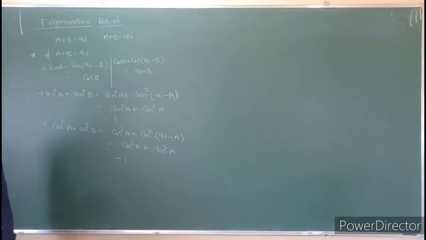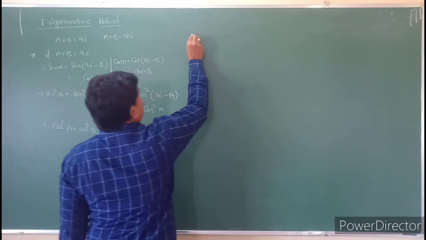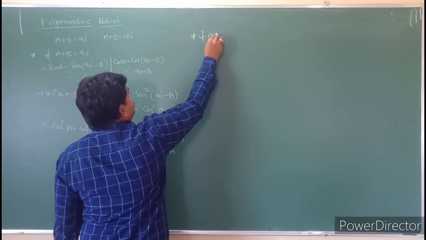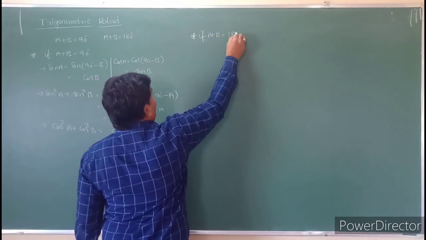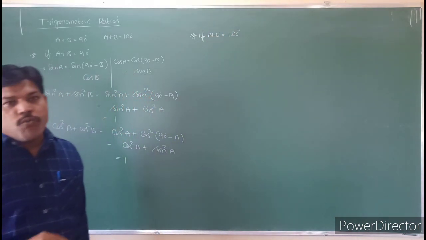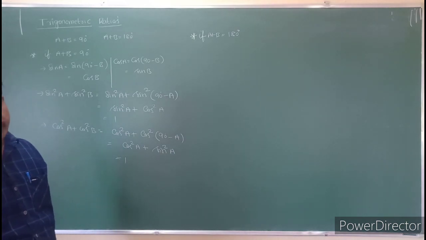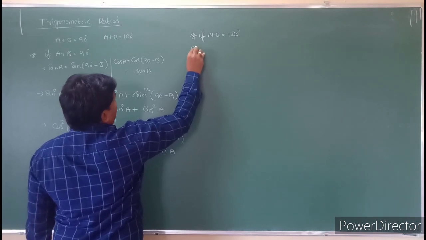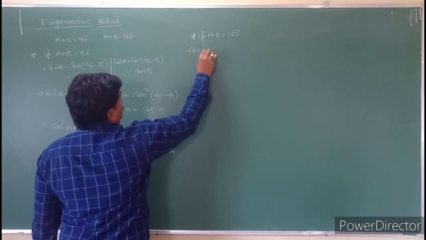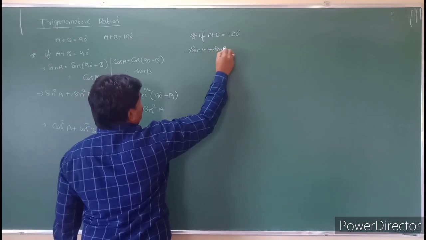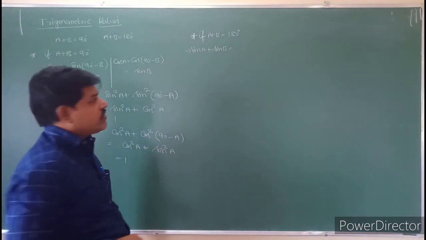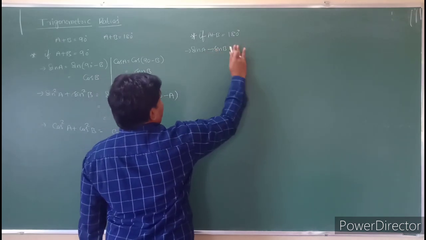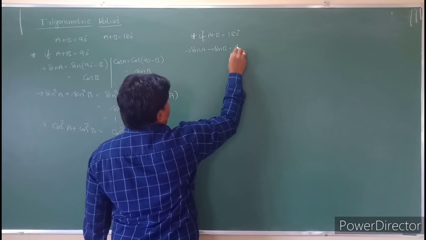All are understood, students? So see the next one: if A plus B is equal to 180 degrees, what happens?